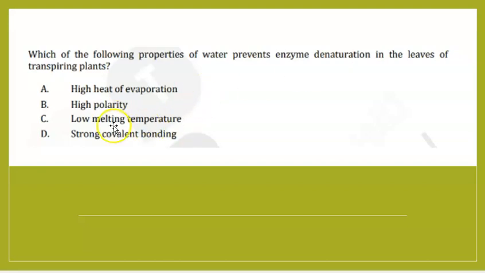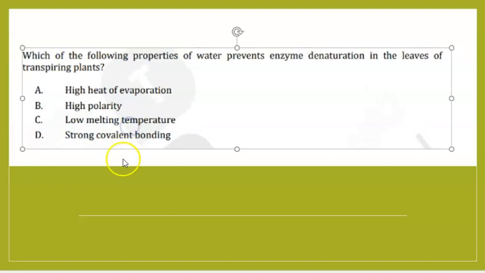Let's look at the options that we have. Let's start from the bottom one. Strong covalent bonding. Does it have anything to do with enzyme denaturation? No, it doesn't, right? Because it has something to do with temperatures. Low melting temperature. If it has a low melting temperature, then that means it'll just be the opposite of this, and we know it doesn't have anything to do with this.